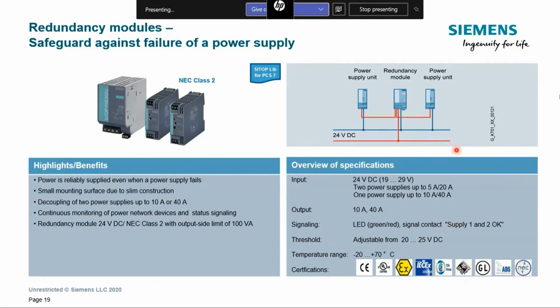And of course, if you don't do that, then maybe one power supply fails and you are not aware of that, then this is not the idea. The idea is that there will be no interruption, but at the same time, we have to know that one power supply has failed, so the technician can go and fix the problem.